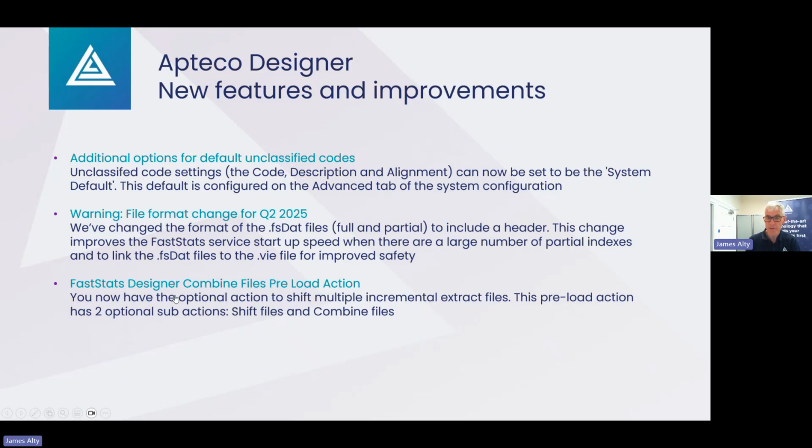There's also an improvement to combine files and shift files for data coming in. If you're getting data every day as a separate file, we now have nice options to combine and shift those so that you can run a sliding time window across the files and remove the oldest file, for example.